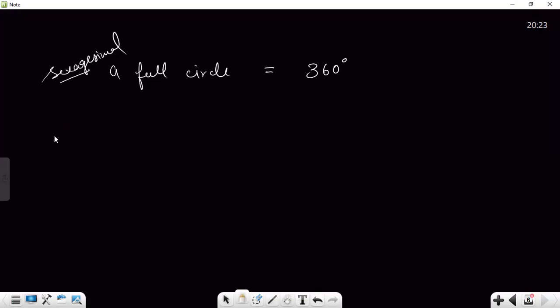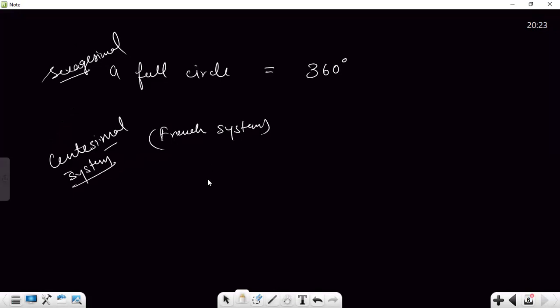And when we talk about the French system, that is known as the centesimal system. It is the French system. In this, a full circle is given by 400 degrees.